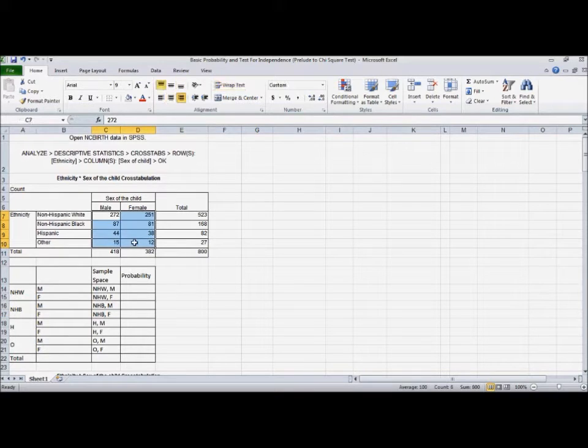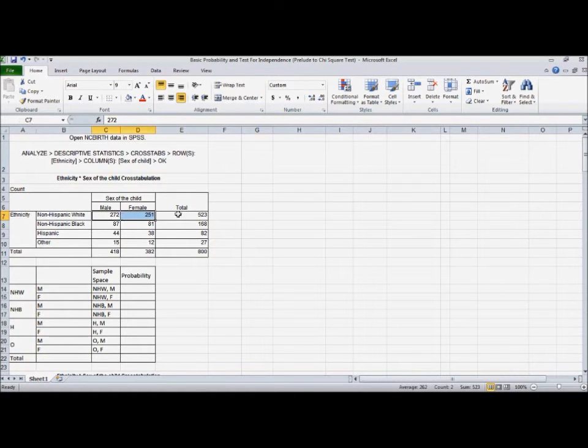This section here represents the intersection. So for instance, a mother who was non-Hispanic black and had a male child. The count was 272, non-Hispanic white and female child, the count was 251.